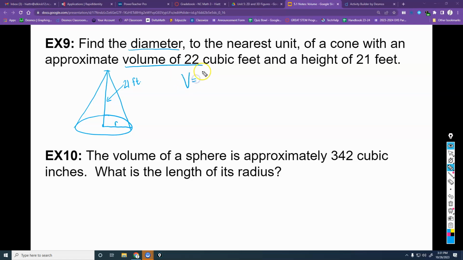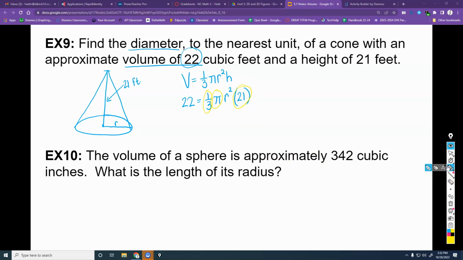Our volume formula for a cone is 1/3 pi r squared times height. So if we plug in the things that we know, that volume is 22, the 1/3 and pi are just numbers that don't change. We do not know the radius, so we have to leave it as r squared. But we do know the height, which is 21 feet. So these parts right here, 1/3, pi, and 21, are all numbers that we could multiply together.